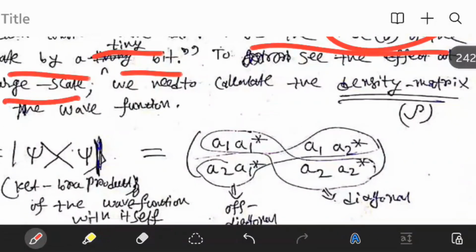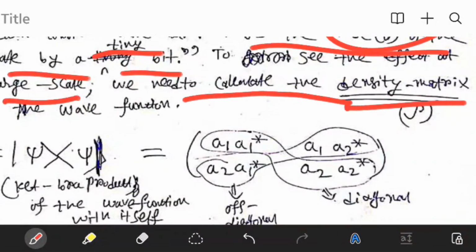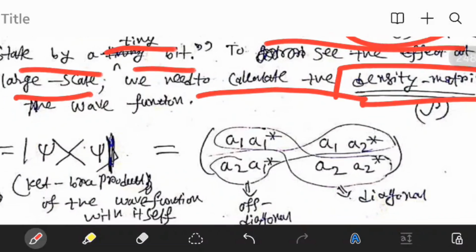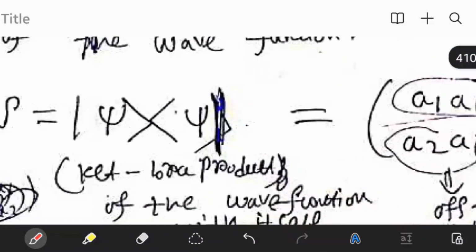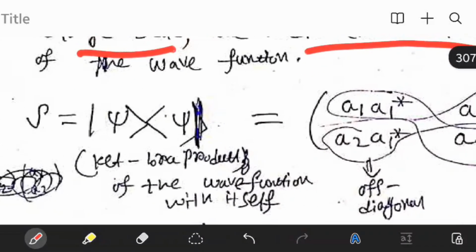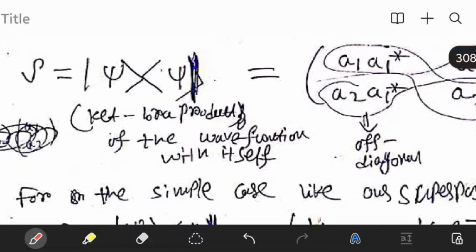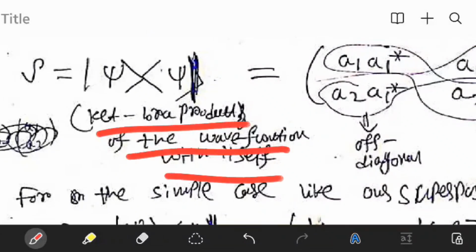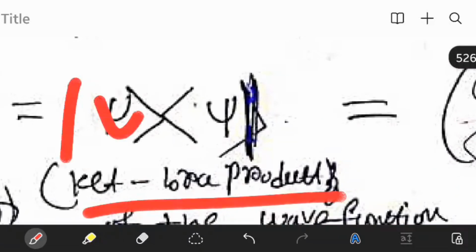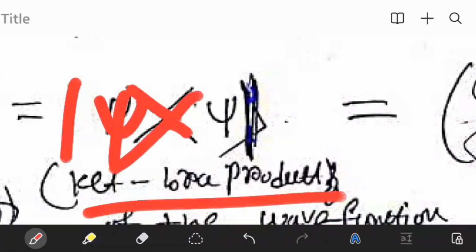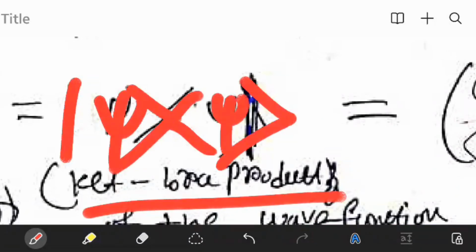So for a large scale, we need to calculate the density matrix. And now the density matrix for a wave function is calculated by the ket-bra product of the wave function with itself. This denotes the ket-bra product.